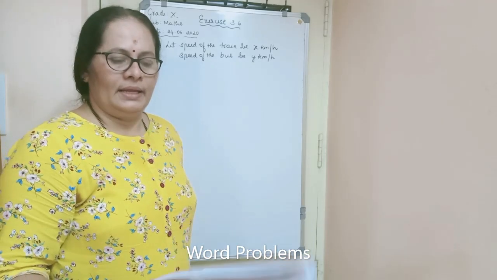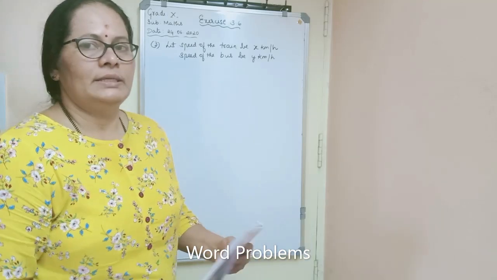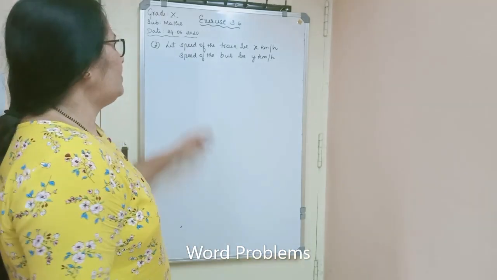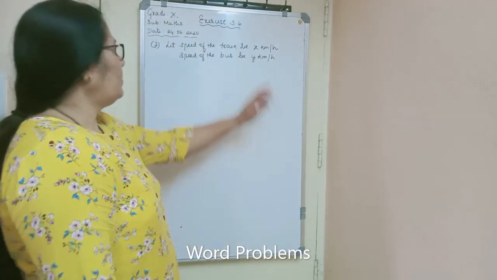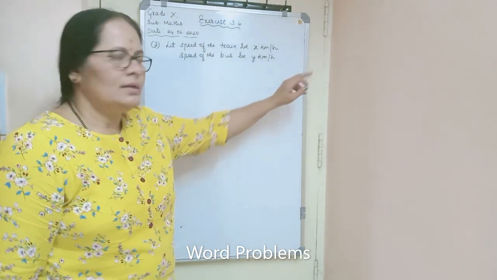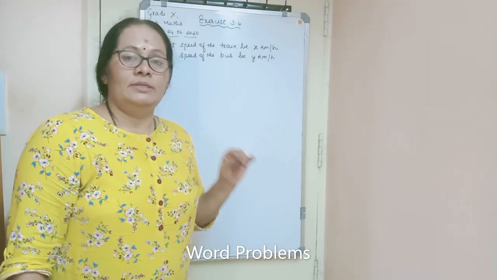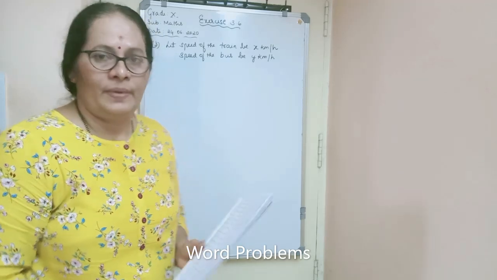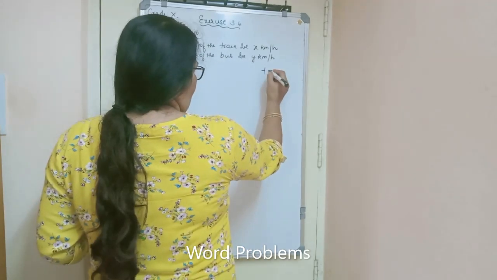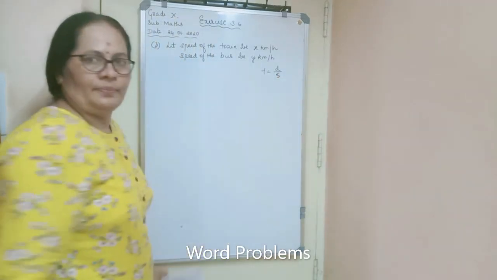Find the speed of the train and the bus separately. Here 2 speeds you have to calculate, that is the speed of the train and the speed of the bus. So take the speed of the train as x and the speed of the bus as y and use the relation time equals distance upon speed. So this relation we are using here, time equals distance upon speed.